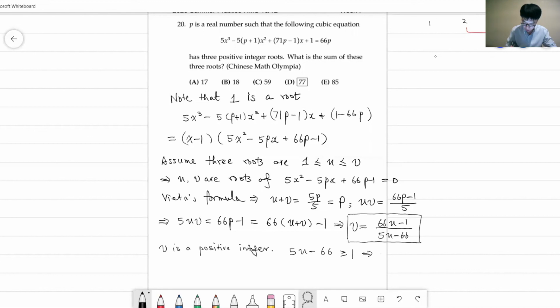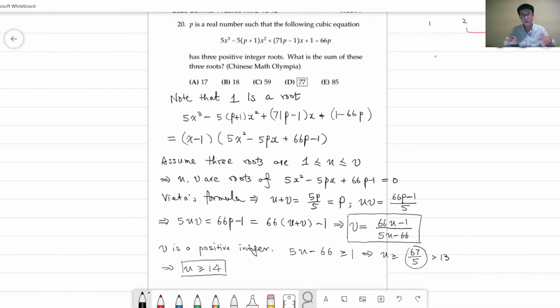So that means u is larger equal to 67 divided by 5. So this means that u is larger equal to 14, because this number is already larger than 13. Okay, u is larger equal to 14.